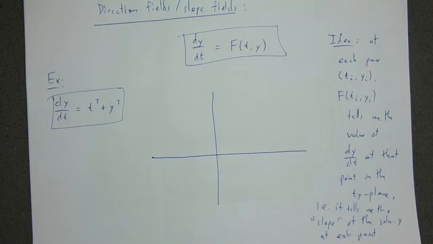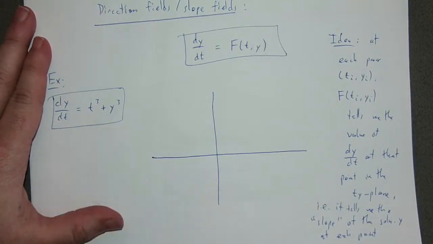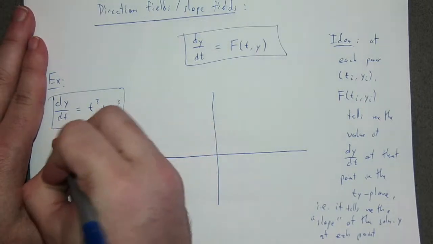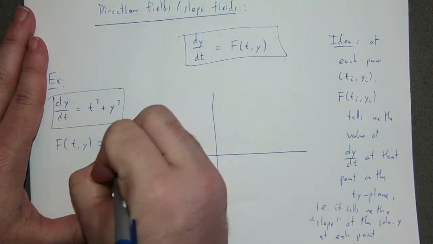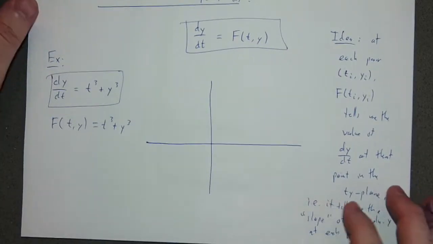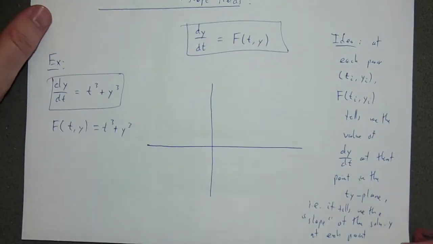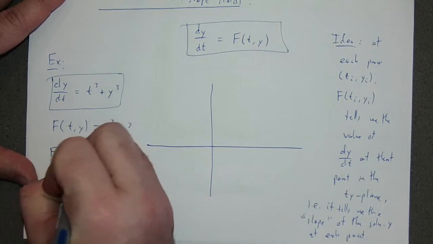Okay, and so I could, however, plot what the value of this is at different points. So for instance, my big F of t, y in this case is t cubed plus y cubed. You are going to see very quickly why this is done via computer and not by hand. I could just compute, say, f of 0, 0.